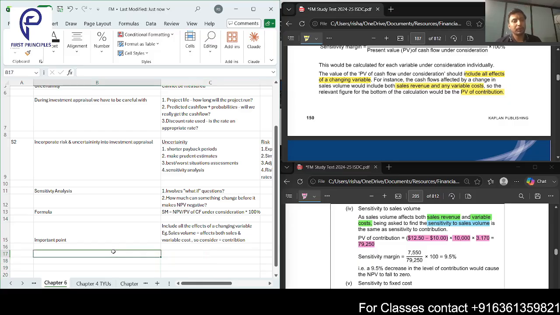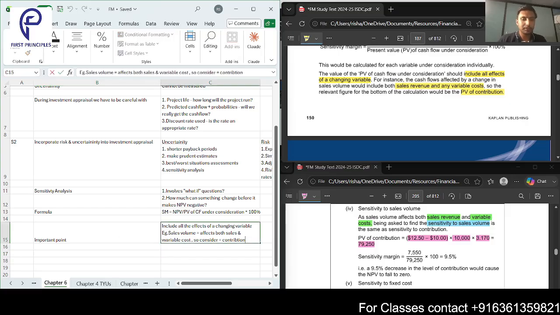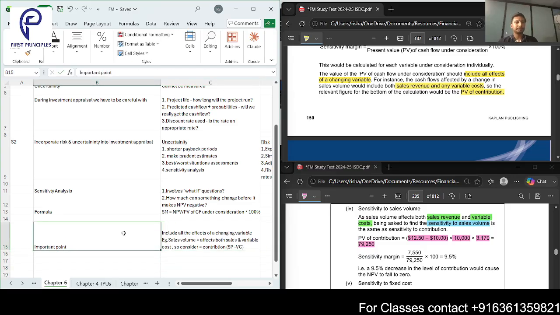So what you have to do is include all the effects of a changing variable, just like Shruti said. For example, sales volume affects both the sales and the variable cost. So we consider the contribution. And what is contribution? It is your selling price minus your variable cost. It includes all the effects of a changing variable. A very important point, and we've made a note of it as well.